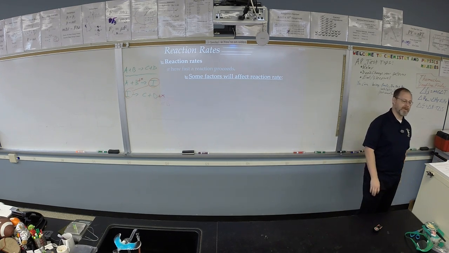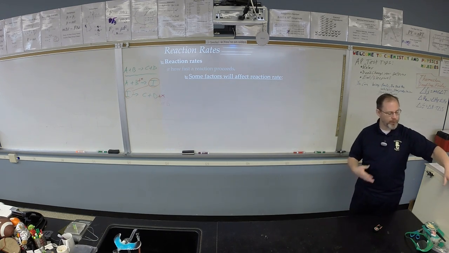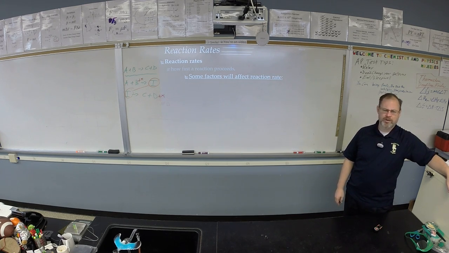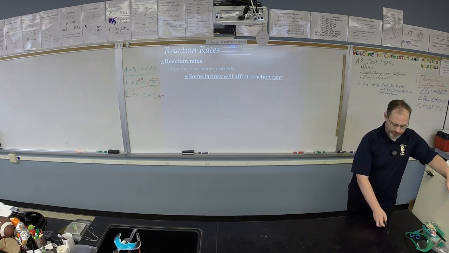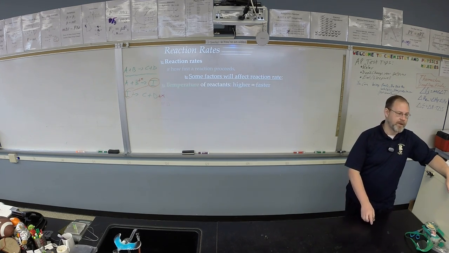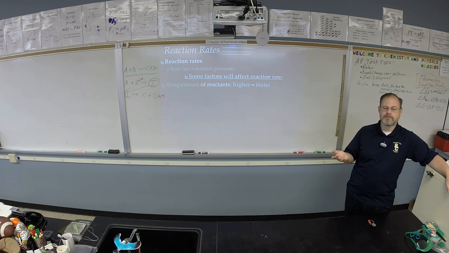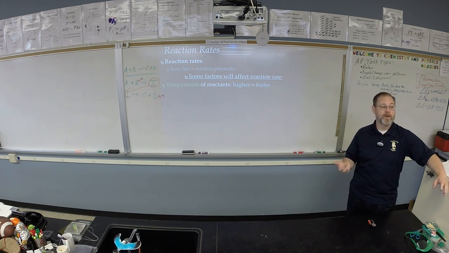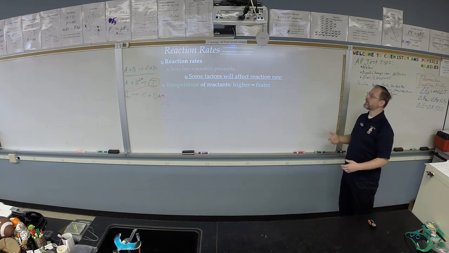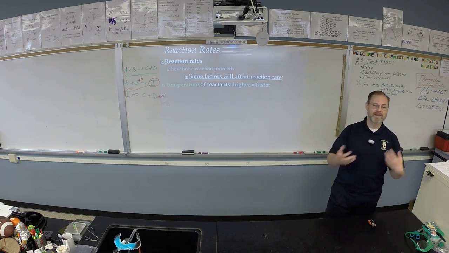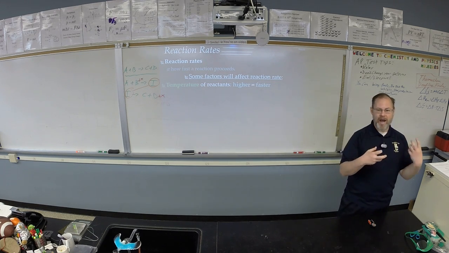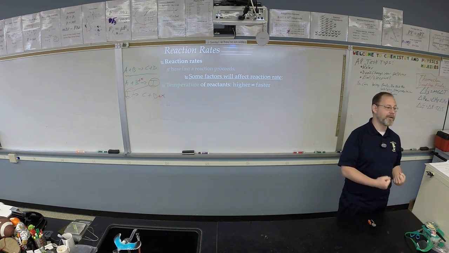So what are some things that might speed up or affect how fast a reaction goes? Temperature. Excellent. Because when you increase temperature, what are you really increasing? The kinetic energy, the movement of the particles. So when you're increasing your temperature, you're increasing the kinetic energy of the particles, how fast they're moving, how much oomph they're carrying.